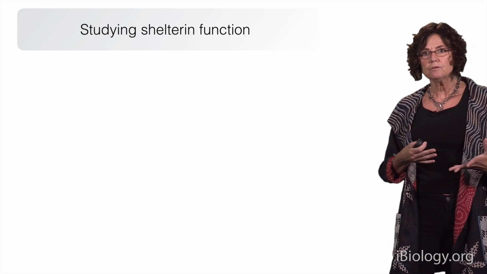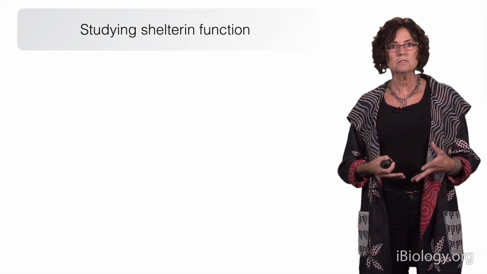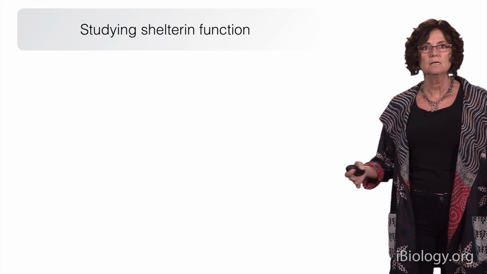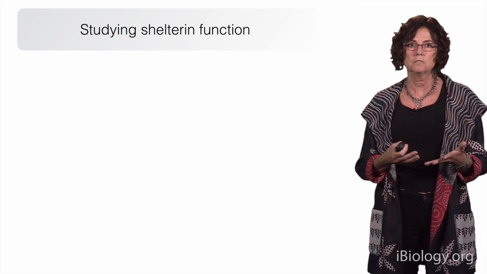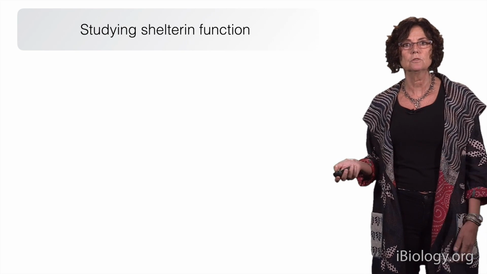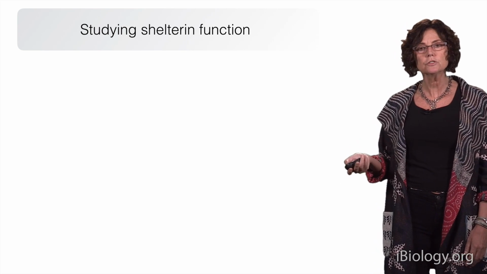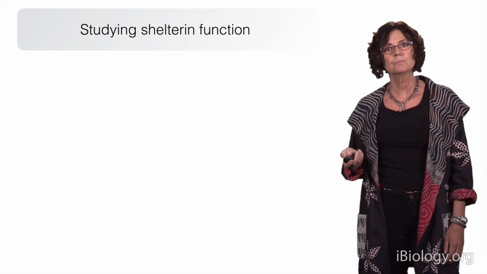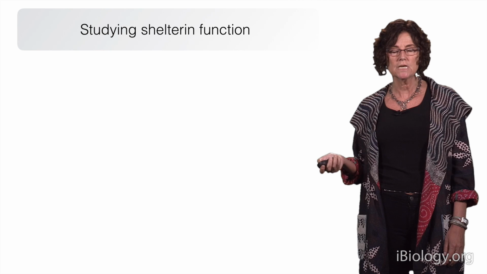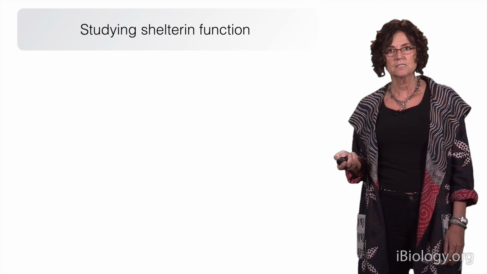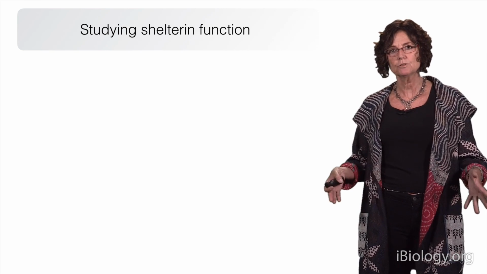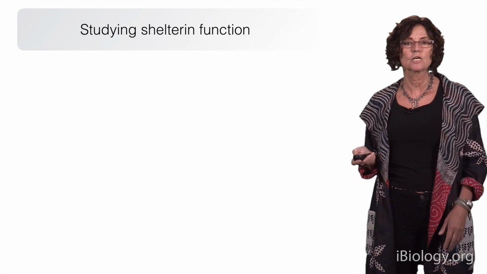So how do we figure out how Shelterin does this complicated task, taking care of so many different pathways, a simple 6 subunit complex? Well, we've chosen to study Shelterin in mouse embryo fibroblasts because that allows us to use the genetics of mice to dissect the pathways. Shelterin in general is essential, so you can't make a mouse without Shelterin. It's dead.